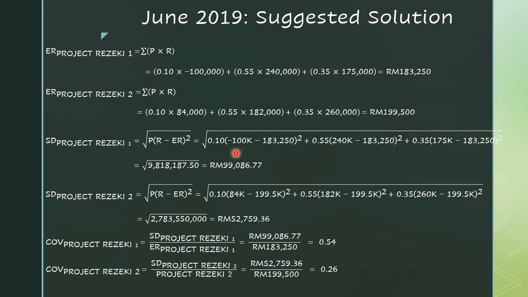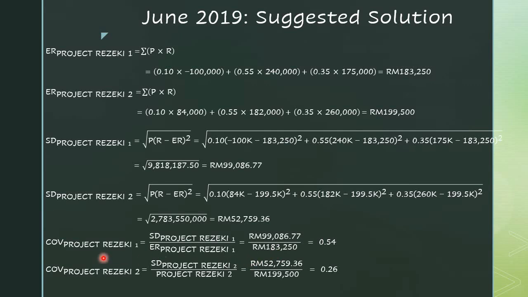On the safe side, you just type all of the zeros, and you shall get your answer to be 9 million here. This is your variance, and when you square root, you get the standard deviation to be 99,086 ringgit and 77 cents.